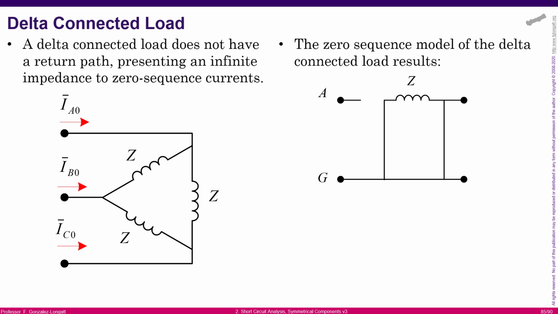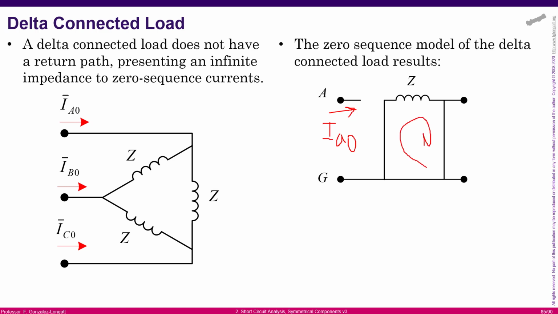What I'm trying to say is that because we don't have a neutral point here in the delta, as a consequence there is no possibility of having zero sequence currents here, okay?